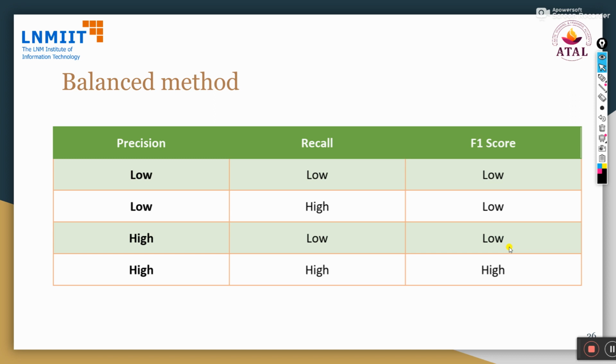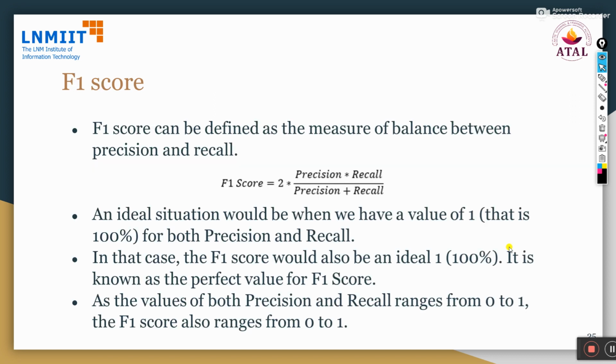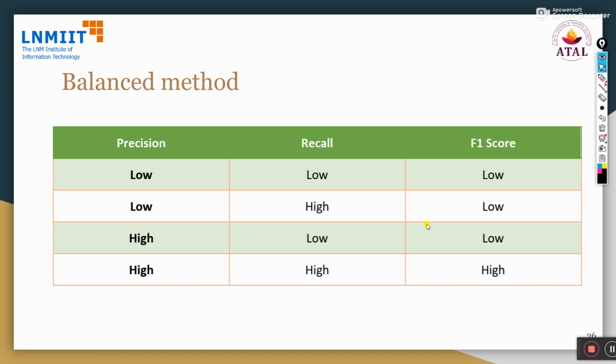When both are high, then only it will be high. So it is using this formula simply. If the precision is low and recall is high, F1 score will be low.